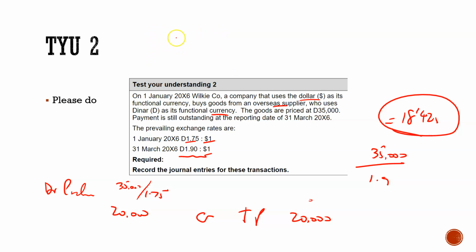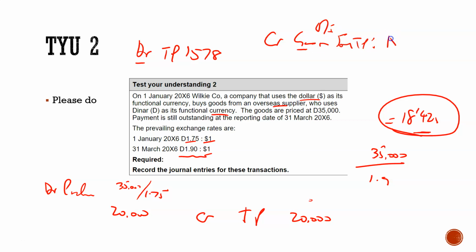So what do we now have here? What I do straight away is debit the trade payables with the difference, because all I need to recognize in my payable account is 18,421. So I now take the 20,000, and I debit trade payables 1,578, and I recognize a gain, maybe in other income, a gain on forex on trade payable of 1,578.